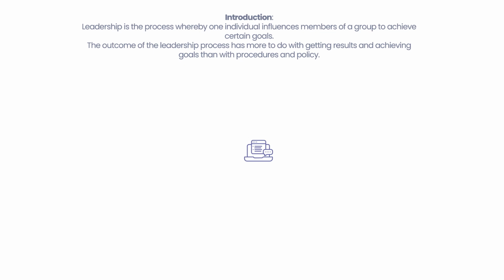The outcome of the leadership process has more to do with getting results and achieving goals than with procedures and policy. You see, there are differences between procedures and policies and the achievement of goals. It's true that in N4 supervisory, we saw that procedures and policy are very important in an organization because they give us guidelines to achieve our goals.